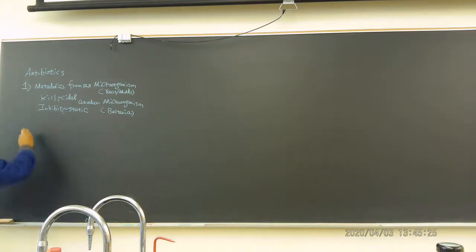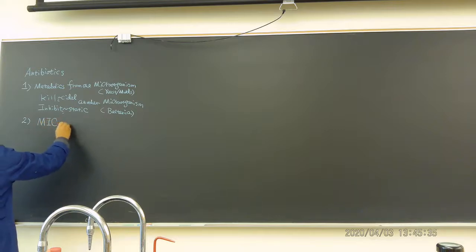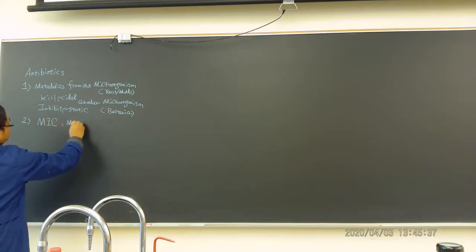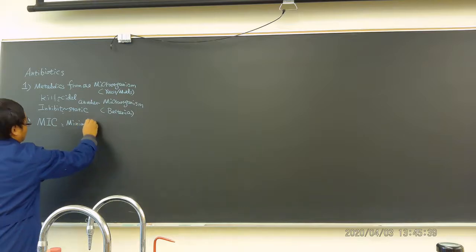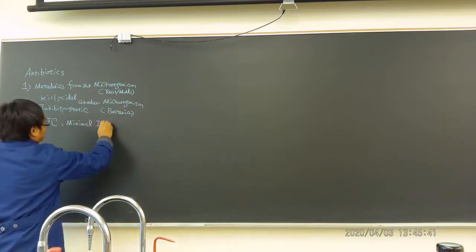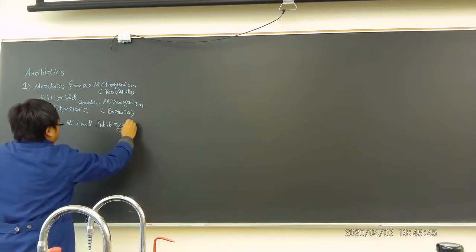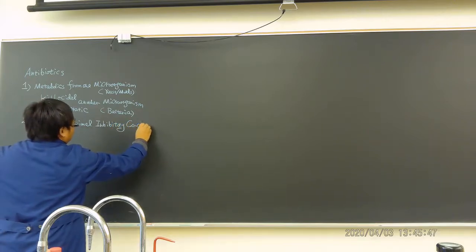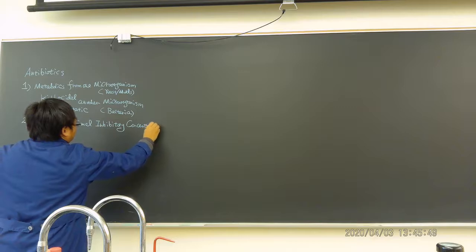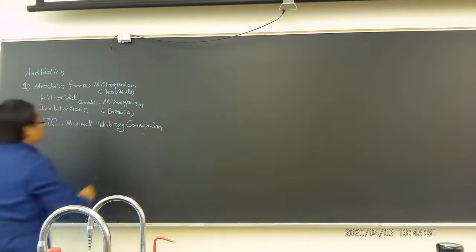So we just reviewed. Second, how do we test antibiotic resistance? What we really want to test is the MIC, the minimal inhibitory concentration. We have several methods to do that, which were mentioned in the lecture.